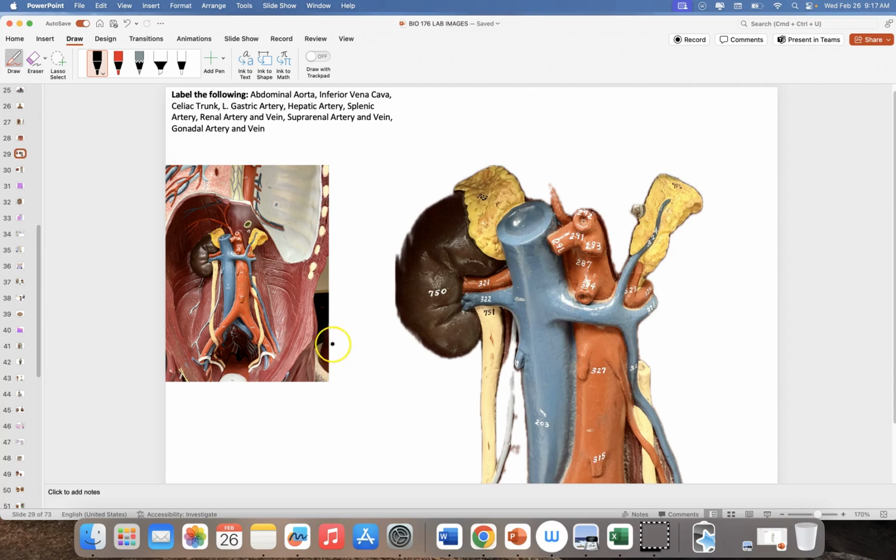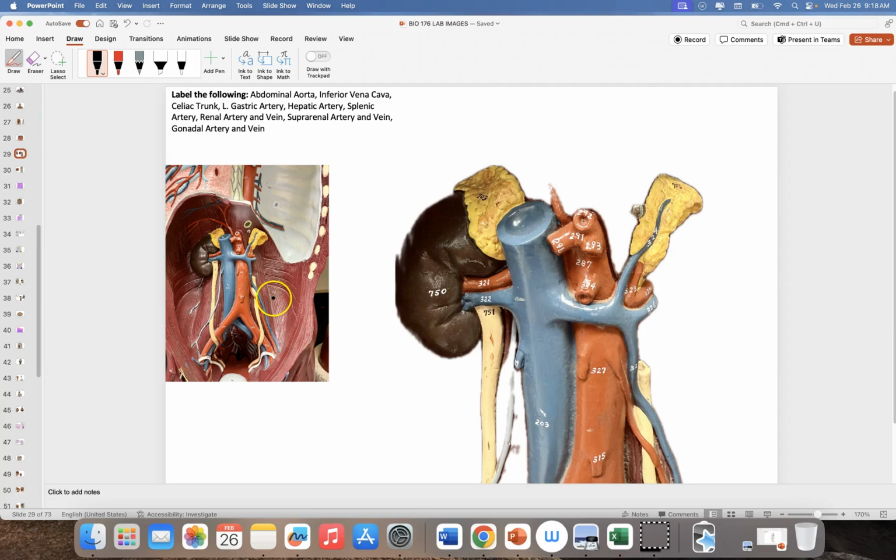If we go ahead and get our bearings, I wanted just to give everyone an idea of this image here. Where did this blown up image come from? I went ahead and I took an image in lab of our large muscle man model because it nicely shows several of the systemic arteries and veins in this abdominal cavity that we don't see on the other models.